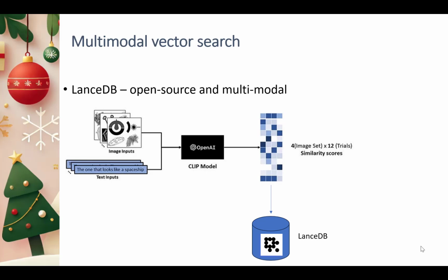And at the same time, you can search a different table using text and then get an image to match the text. So once you create embeddings, you just upload them to something like LanceDB, and then LanceDB can perform that search for you. So search is included there.